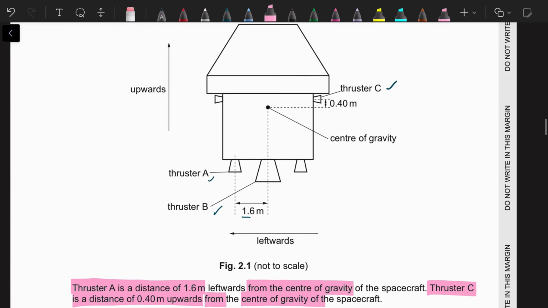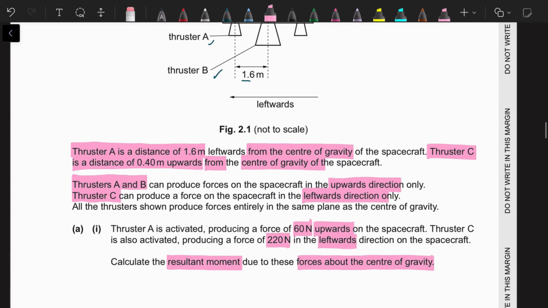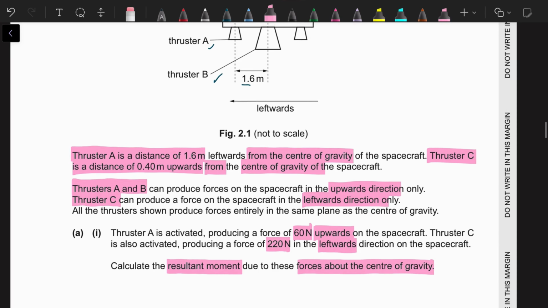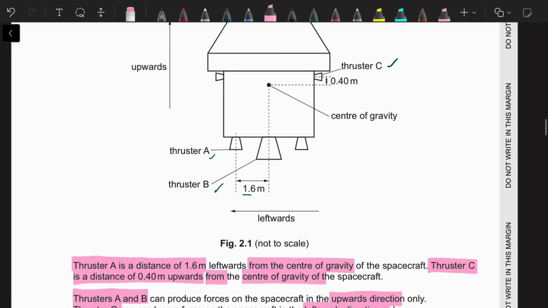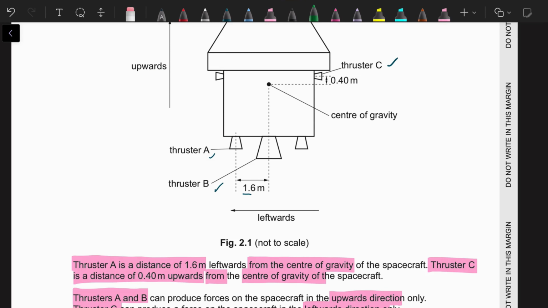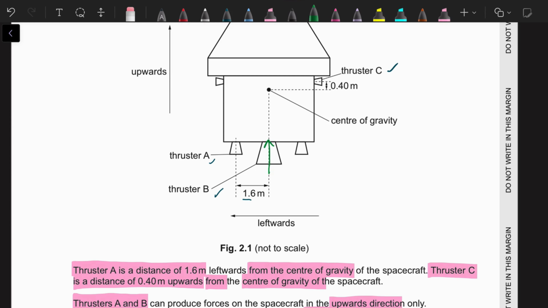Did you realize that they didn't give us thruster B's force? Because they want to find the resultant moment about the center of gravity. If you realize, for the force of B, they said upwards, right? A and B upwards. So the line of action of the force from thruster B actually coincides with the center of gravity.